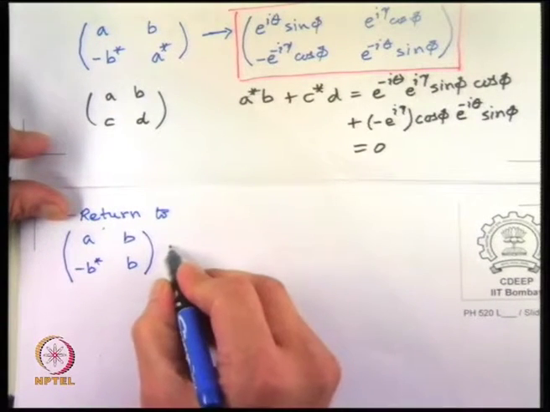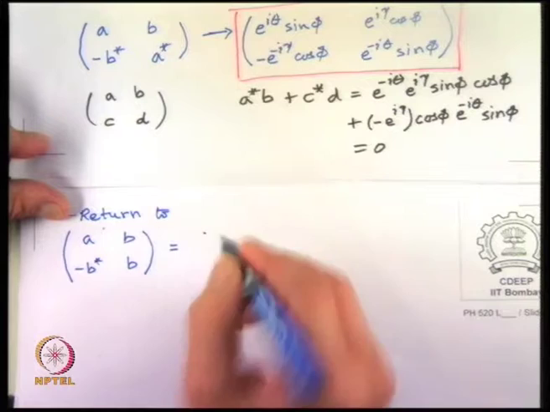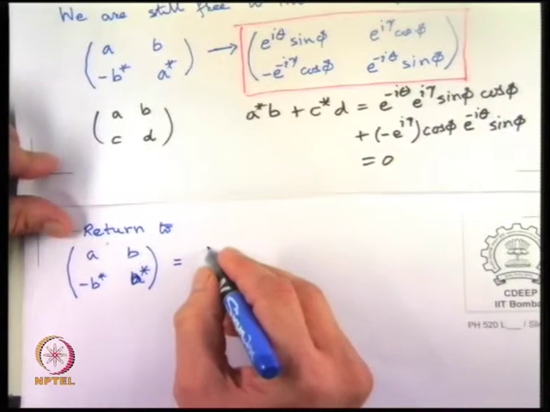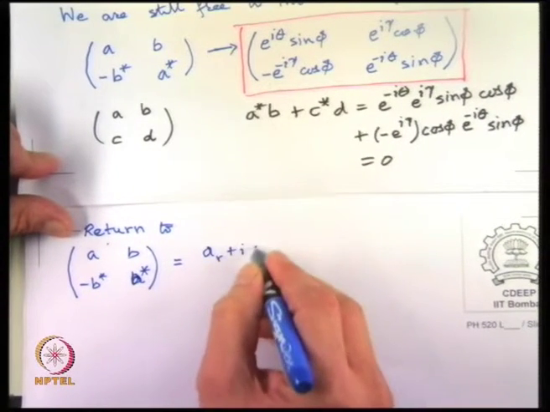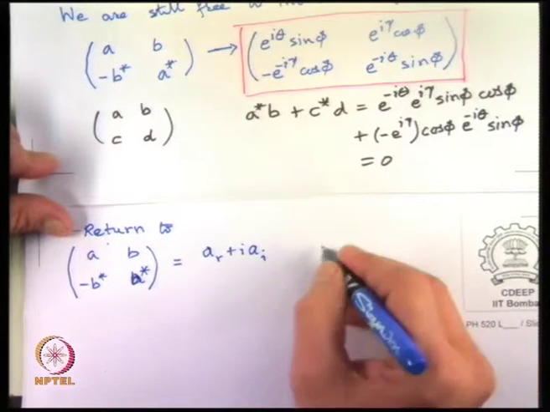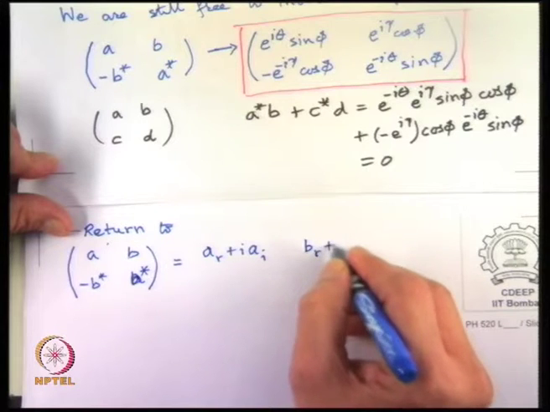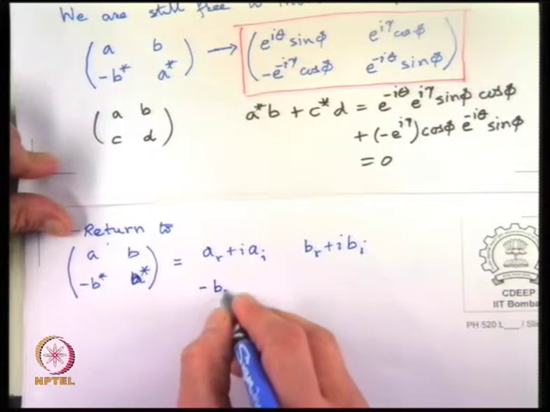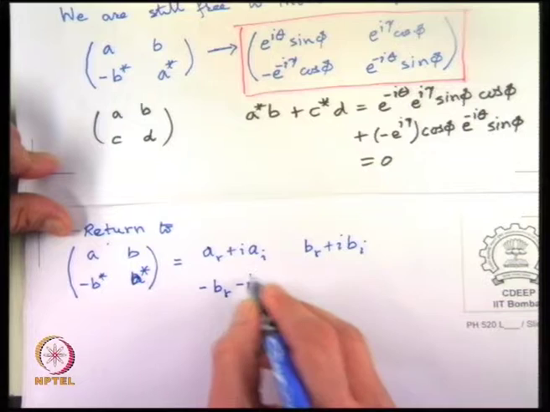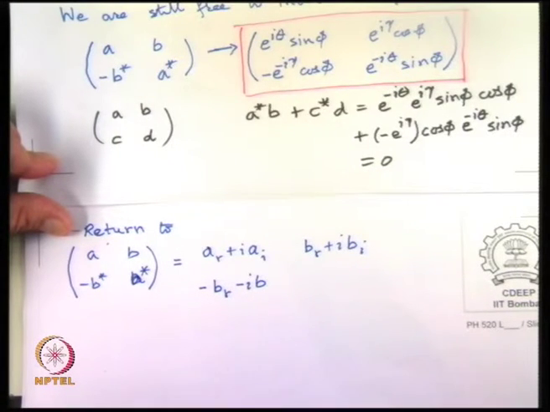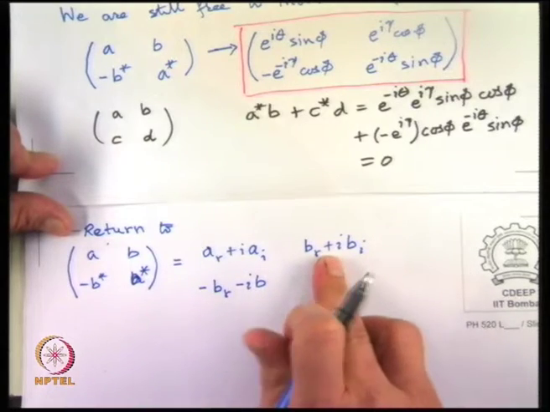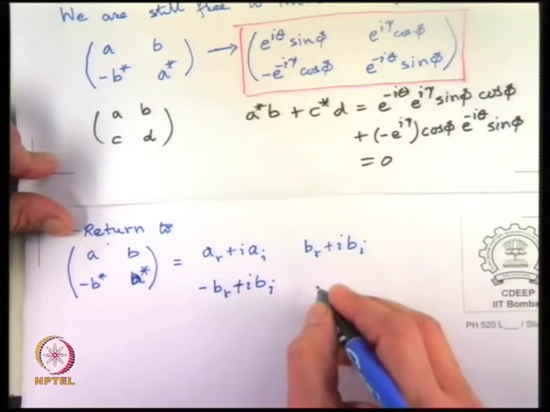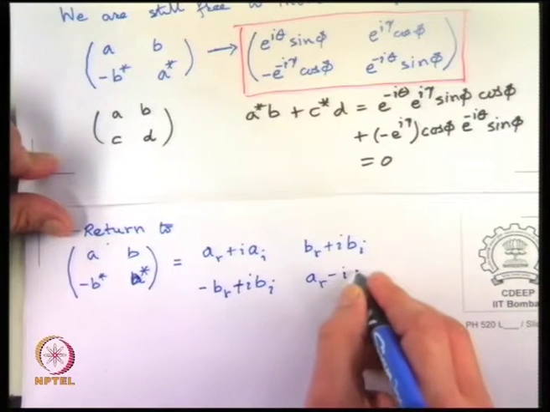Write it out as A star, A real part plus I times A imaginary part, B is equal to B real part plus I times B imaginary part, minus BR minus I times, so B star will make it minus I, but this minus sign will make it plus I times B imaginary part, and A star is AR minus I AI.